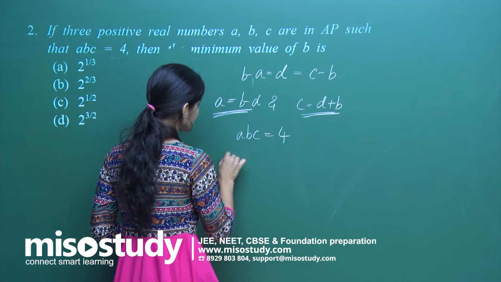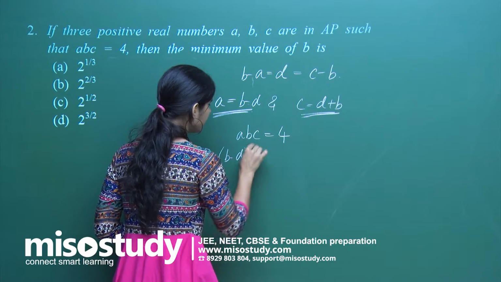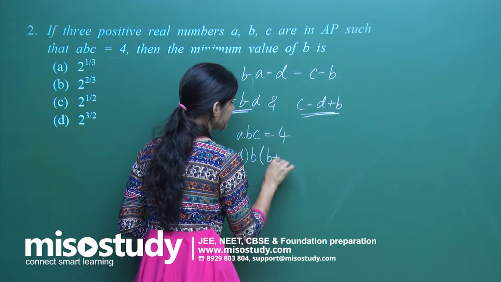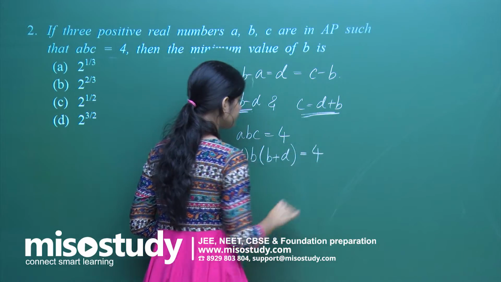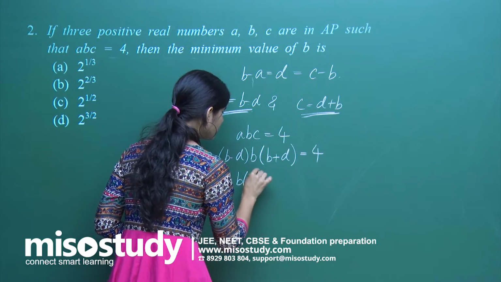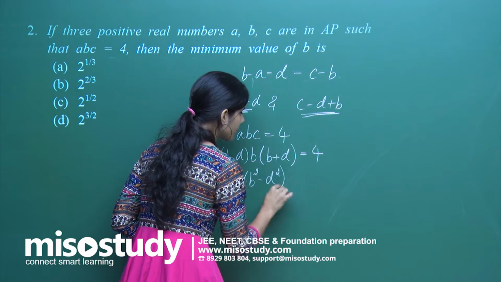A is B minus D, B is B, and C is B plus D. This is 4. This means B into B square minus D square is 4.